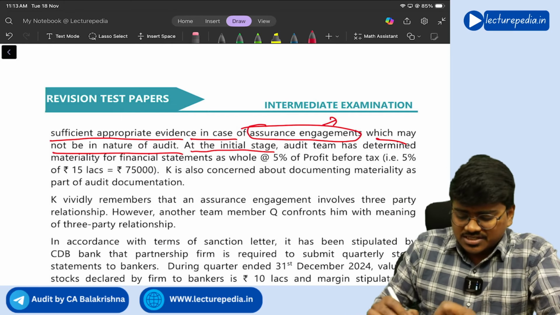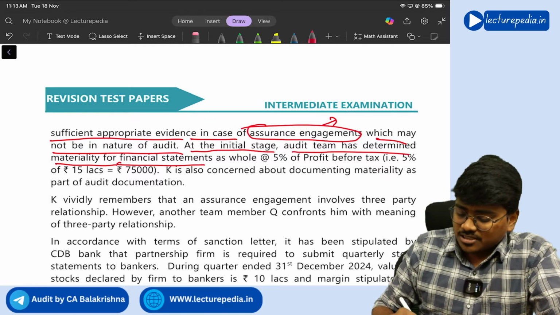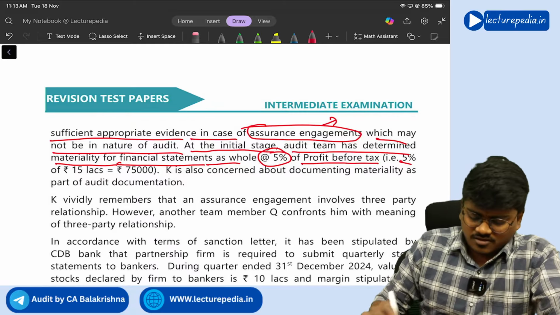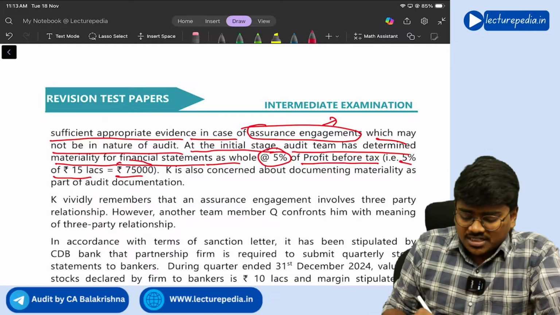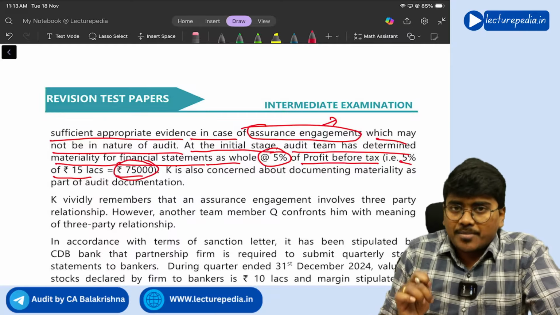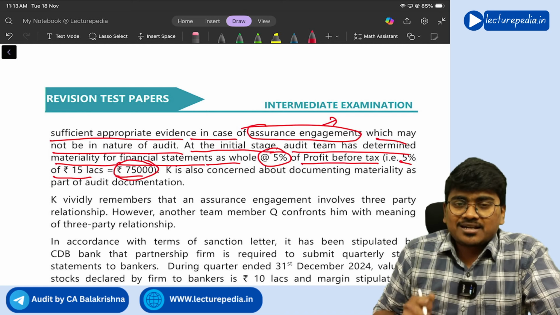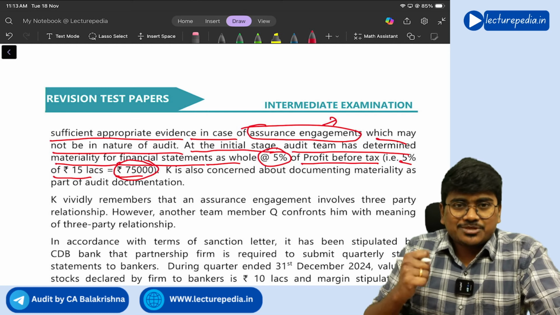Now, at the initial stage, the audit team has determined materiality for the financial statements as a whole at 5% of profit before tax. That is 5% of 15 lakhs, that becomes 75,000. So 75,000 they have kept as the materiality level. So how will you calculate materiality? Benchmark multiplied by a percentage. So here what benchmark they have taken?